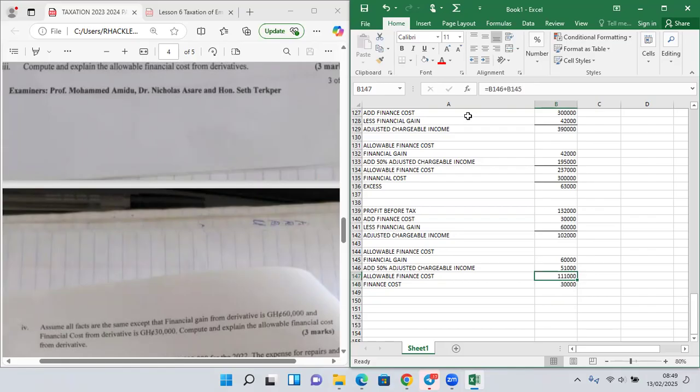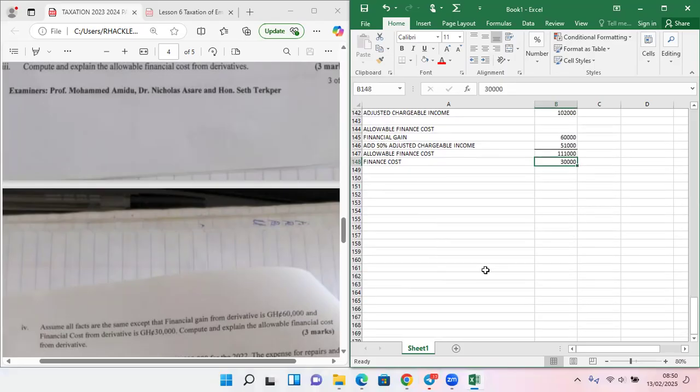Because what we've computed is greater than the actual finance cost, we are going to allow only the actual finance cost for that particular year of assessment. So that's it, simple and straightforward.